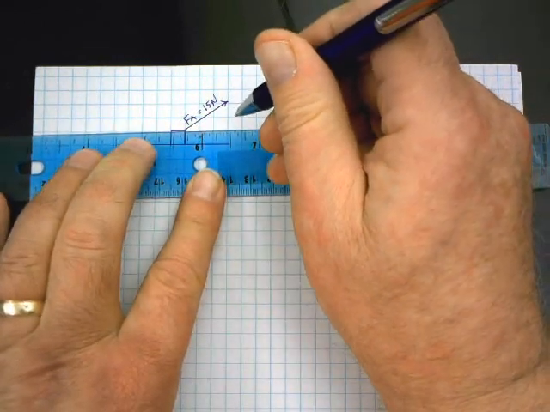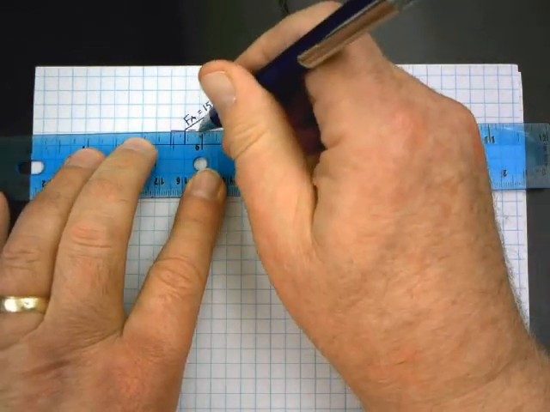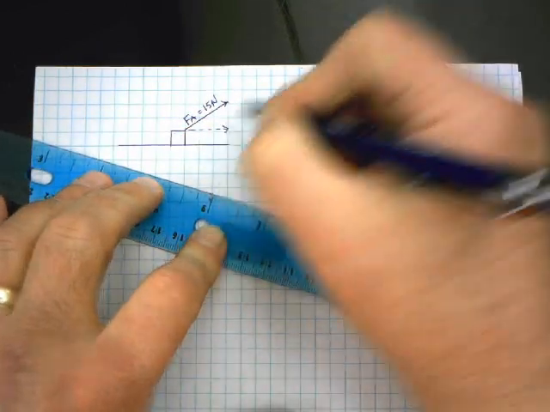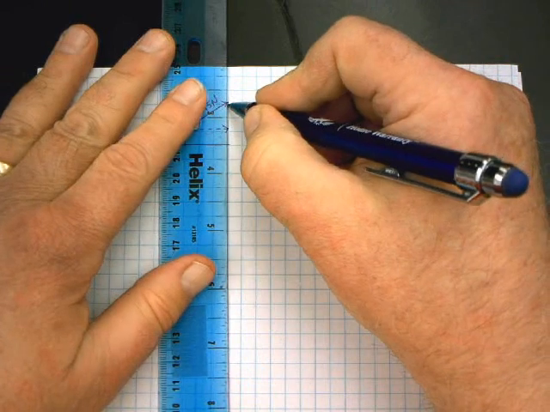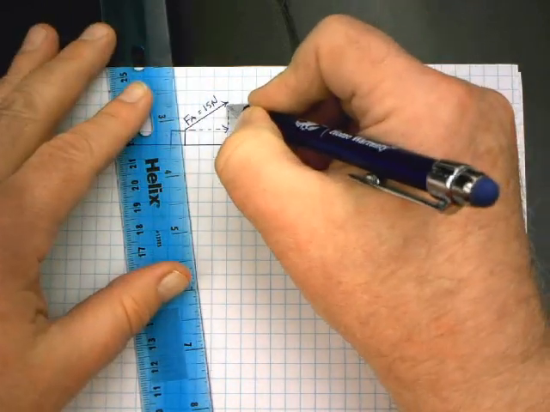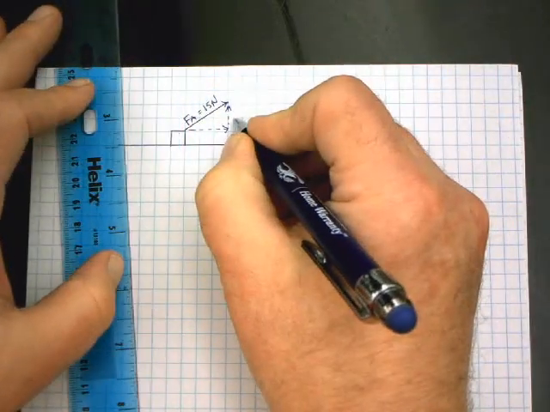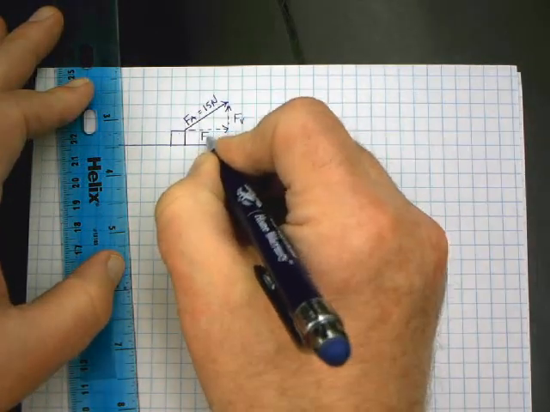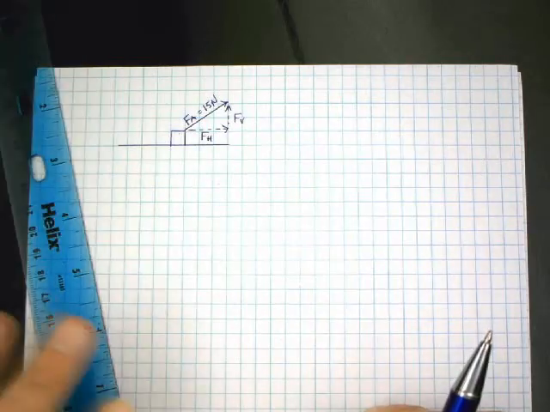And then we want to find the horizontal and vertical components. So here would be the vertical, and here would be the horizontal.